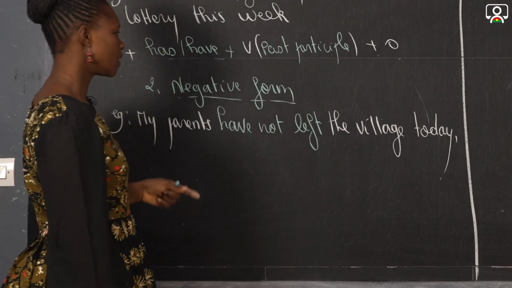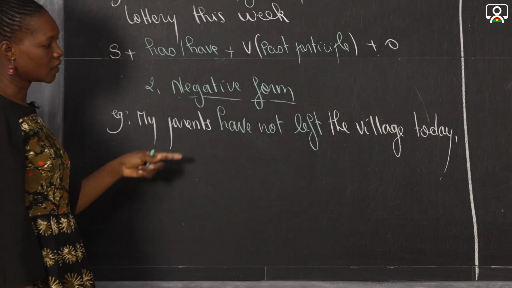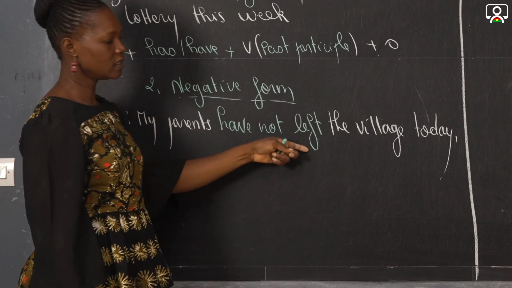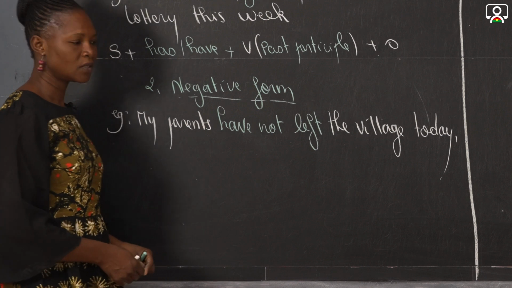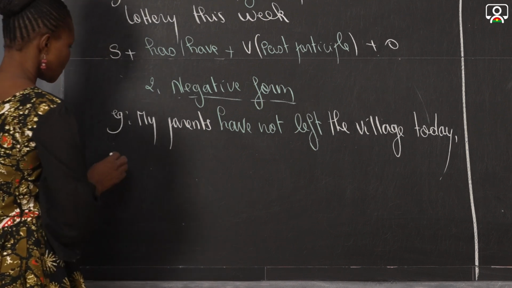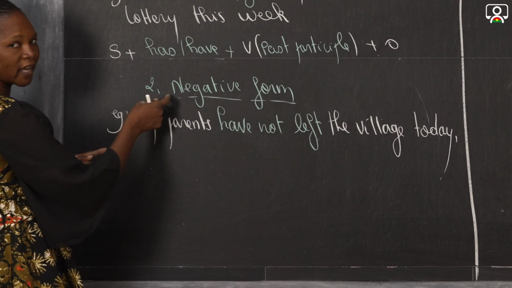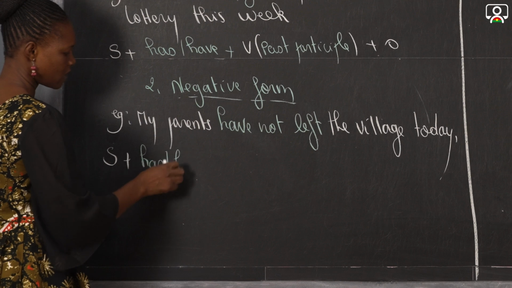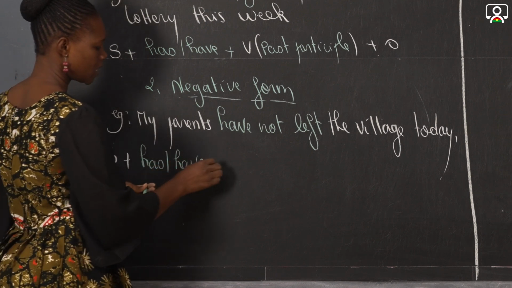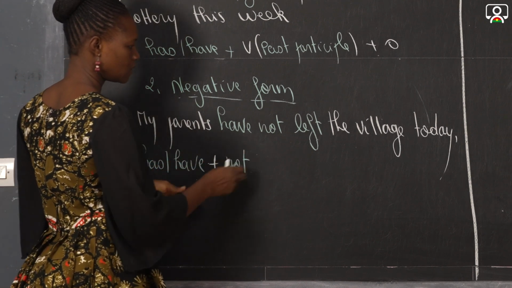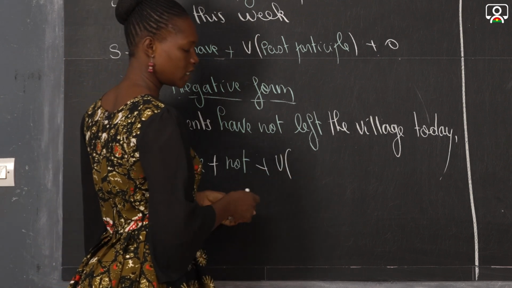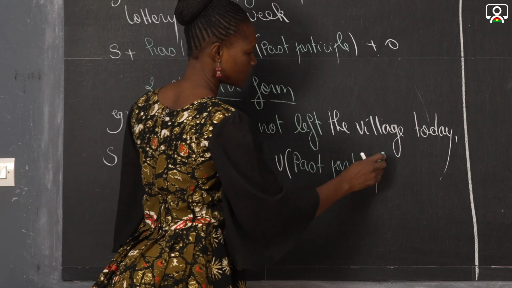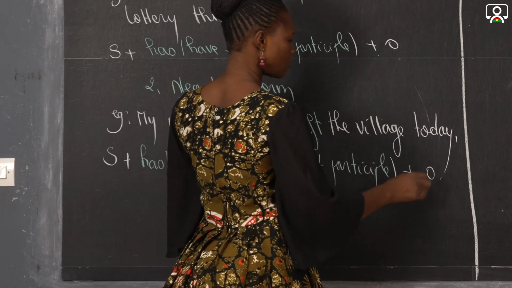Here also we have the auxiliary to have, and left is the past participle of the verb to leave. As a rule, in the negative form we begin with subject plus has or have plus not, plus the past participle of the verb, and plus object.